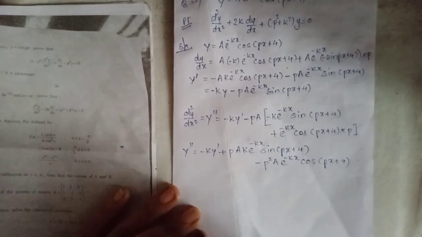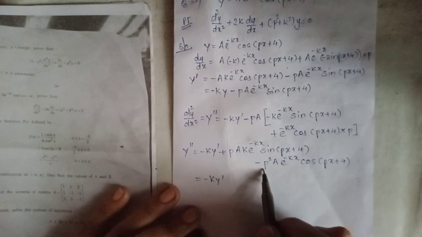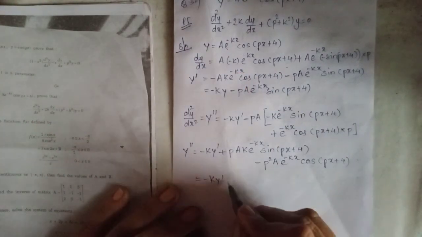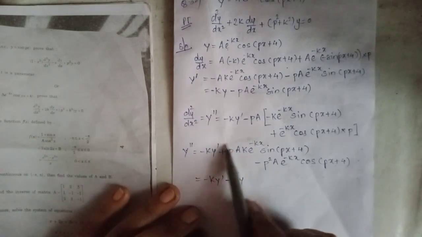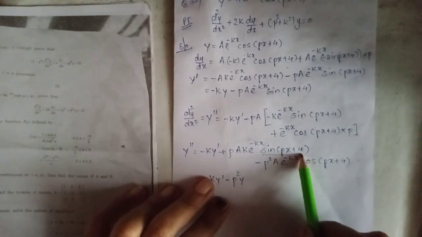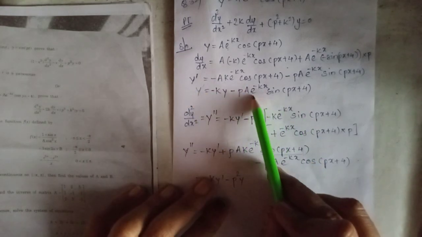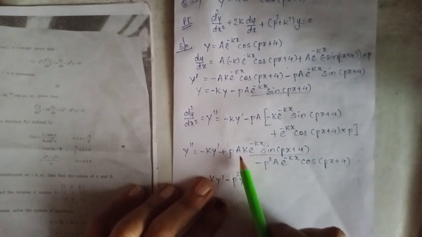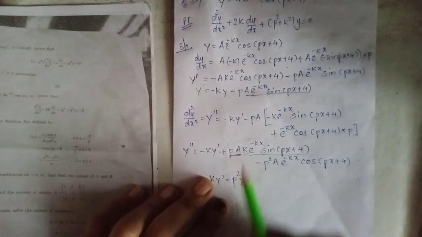Now again substitution: p square and this term is our y, right? So I can write here p square y. Now this term we have to write, this is sin(px plus 4). In y dash we have e raised to minus kx sin(px plus 4). a is also there and p is also there, only thing is k is not there.